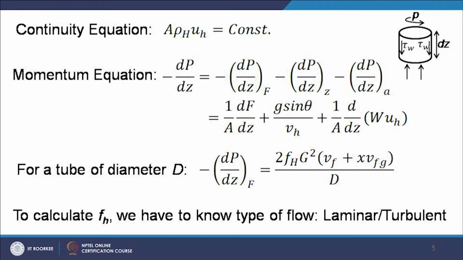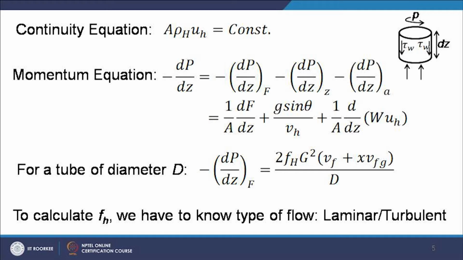And finally minus dP dZ due to acceleration, because flow is there, so there can be acceleration, and the pressure drop can be caused by acceleration also. So, all these three, friction, buoyancy and acceleration, give you the overall pressure drop in the pipeline. Let us now see all these individual terms separately.